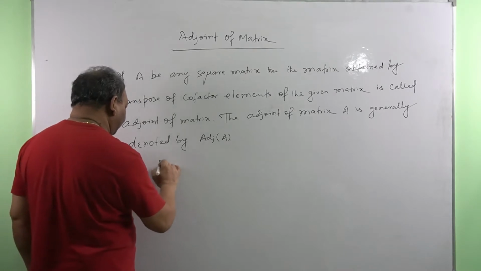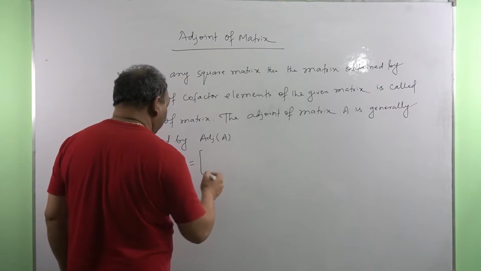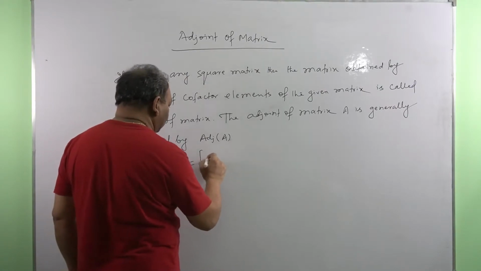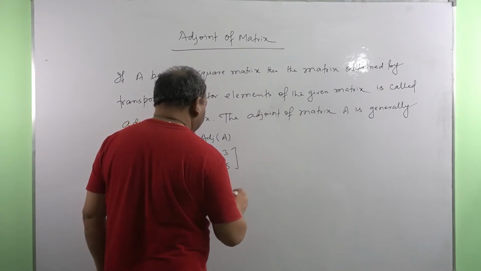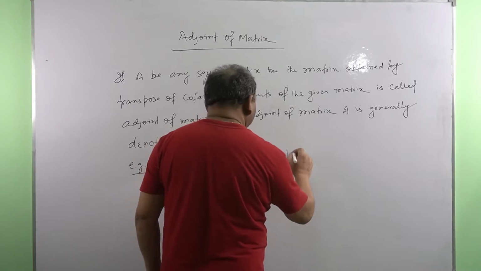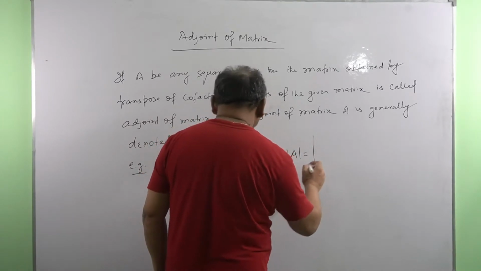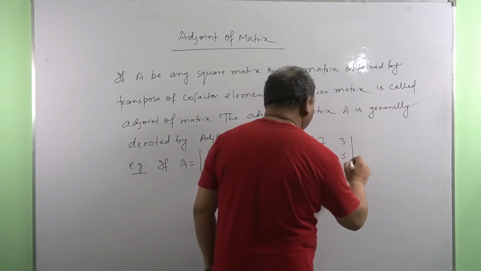For example, if matrix A is equal to, this is the example of order 2 by 2, 2, 3, 4, 5. Then determinant of A is equal to determinant of 2, 3, 4, 5.